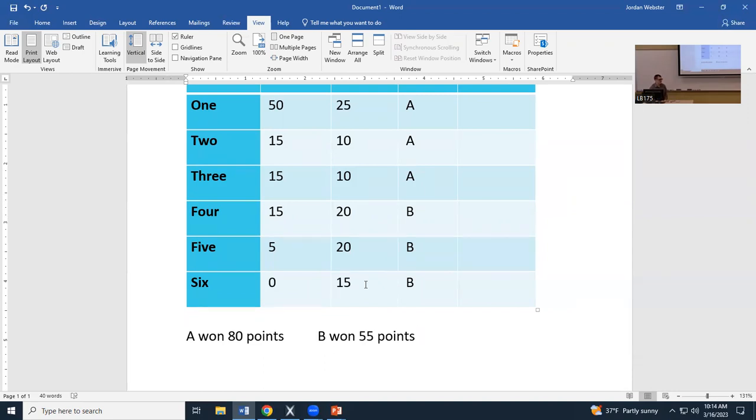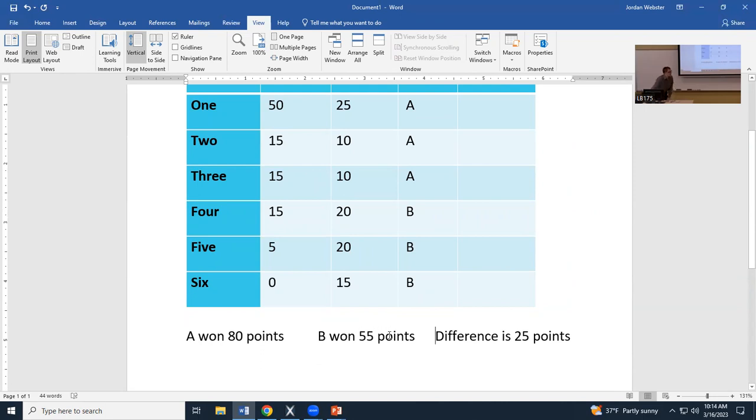All right. Now we want to make that more balanced. So notice that the difference between the points that A won and what B won is 25 points. Everybody see that?